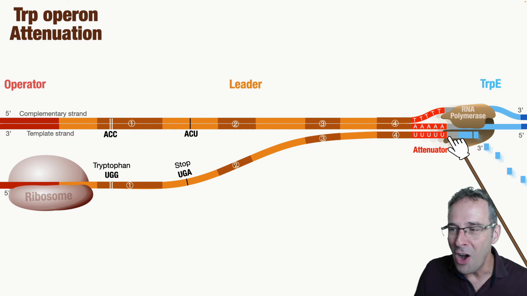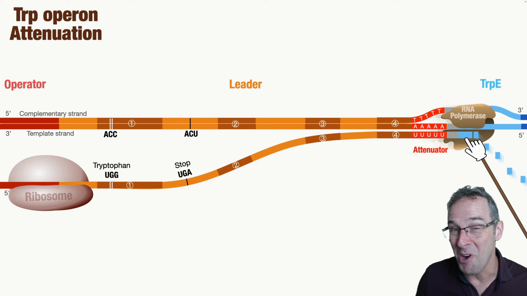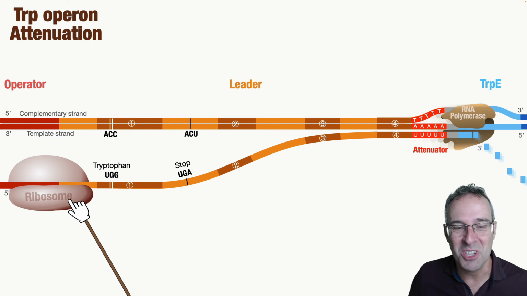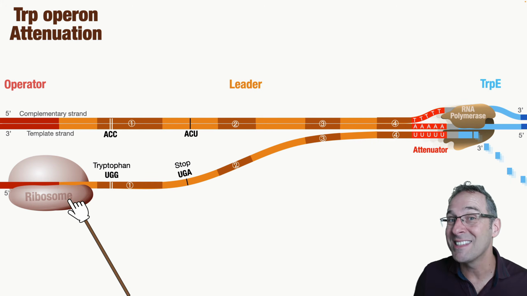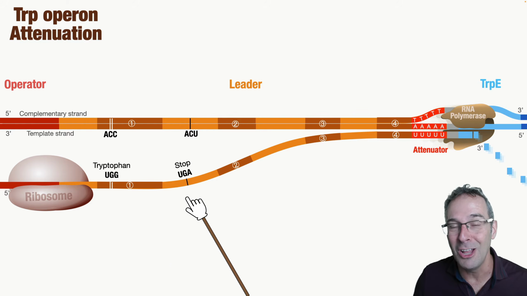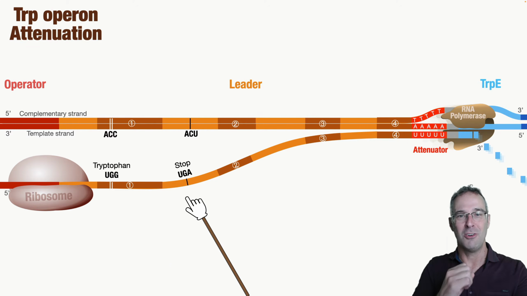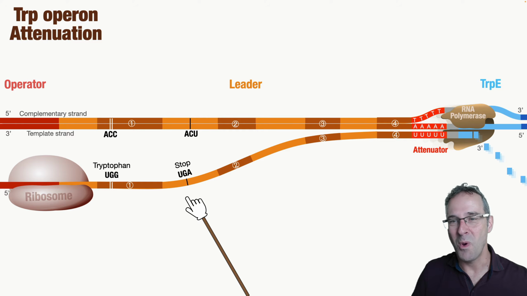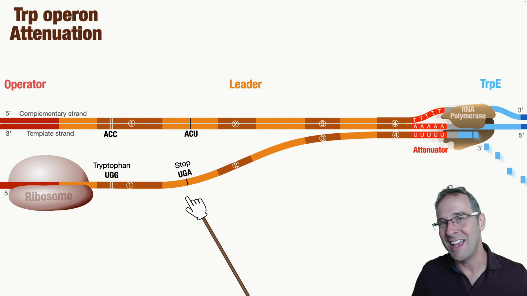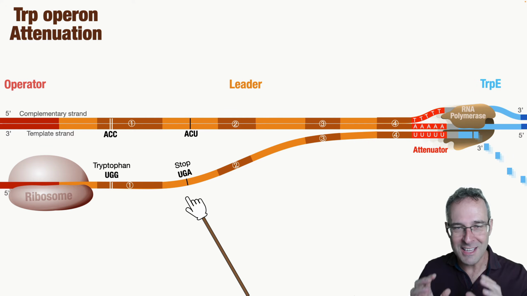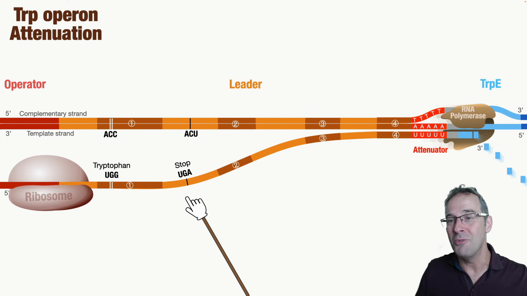But even while the RNA polymerase is transcribing, a ribosome has jumped on here and is translating at the same time, following it along, the two of them following along in tandem, one transcribing, the other translating hot on its heels. All right, so that's the first thing to understand. The whole idea of attenuation wouldn't work if that weren't the case.